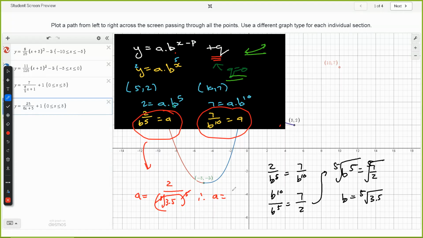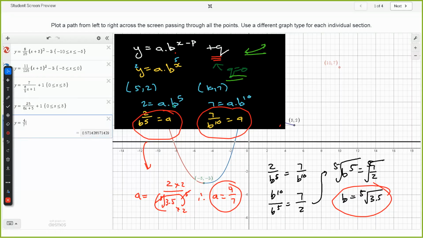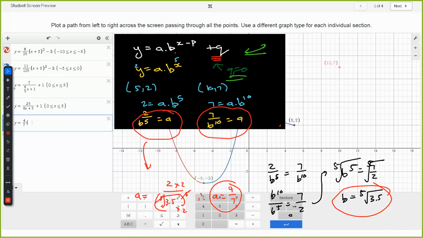2 divided by 3.5 is the same as 4 over 7. Multiply this by 2, multiply that by 2, and I get a equals 4 over 7. B is equal to that. I can then put that equation in there. I get y equals a, which is 4 over 7, times b, which is going to be the fifth root of 3.5, you could say 3.5 to the power of 1 over 5, right?